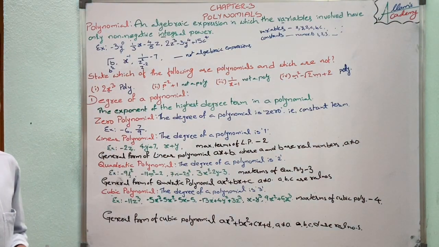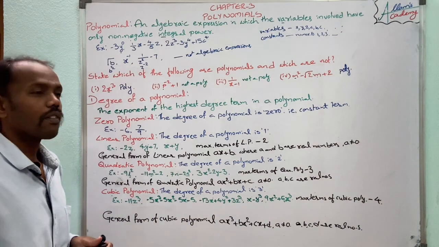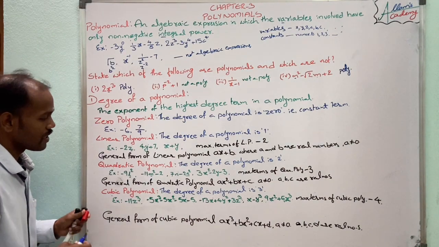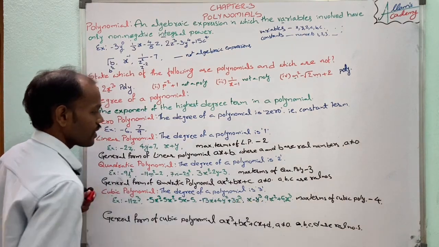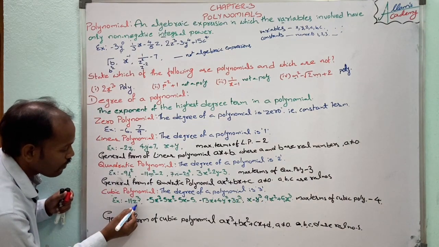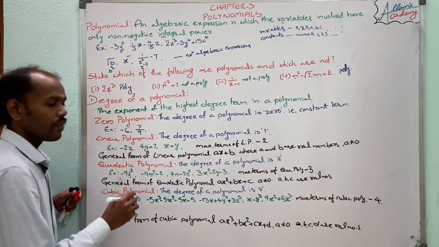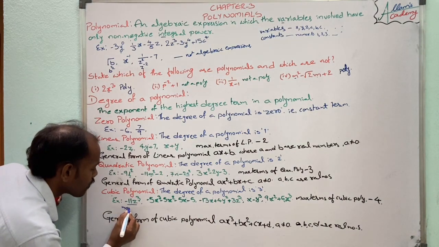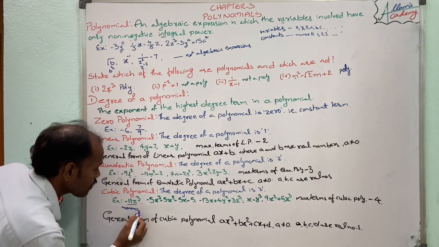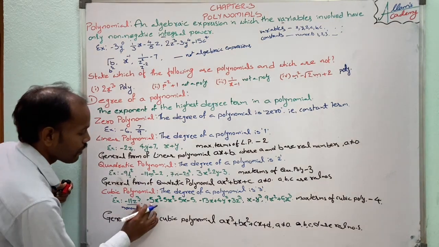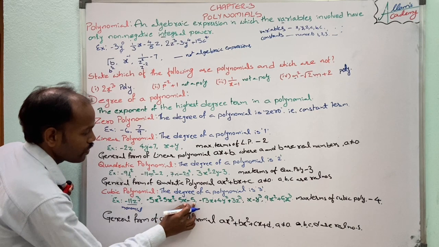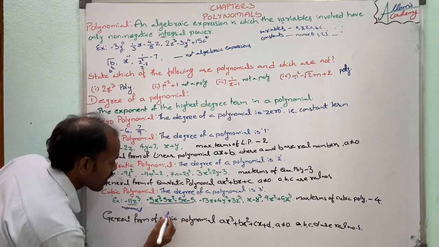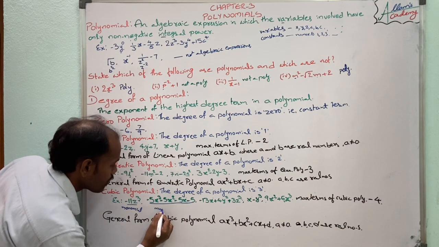Now, in our previous classes we studied these examples. In this example only one term is present, and one term means it is called a monomial. Here they have 4 terms, so more than 3 terms is called a multinomial.